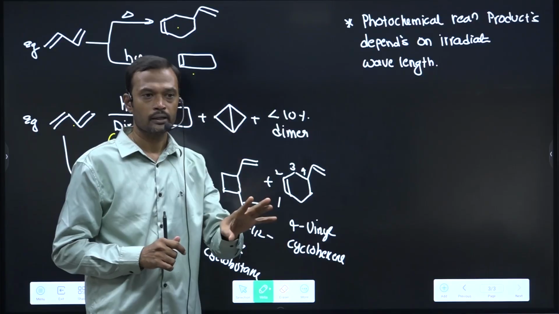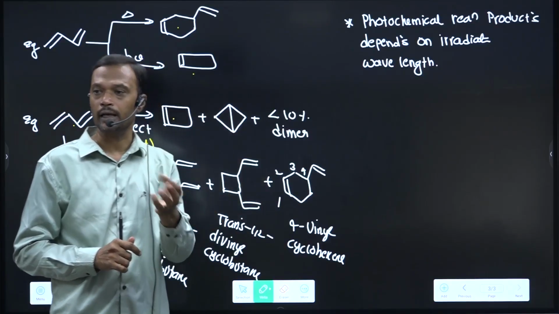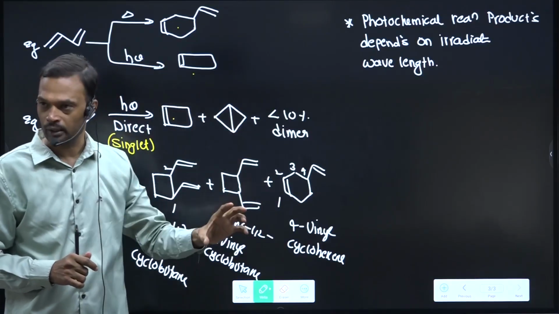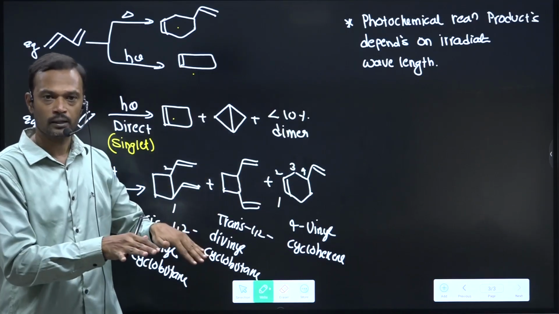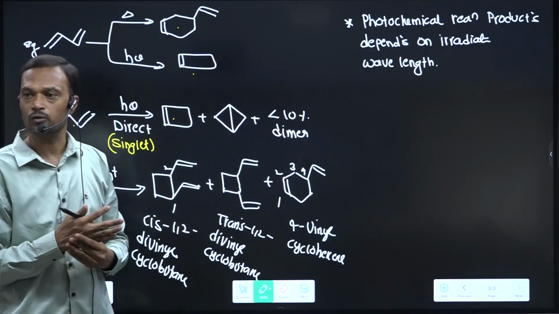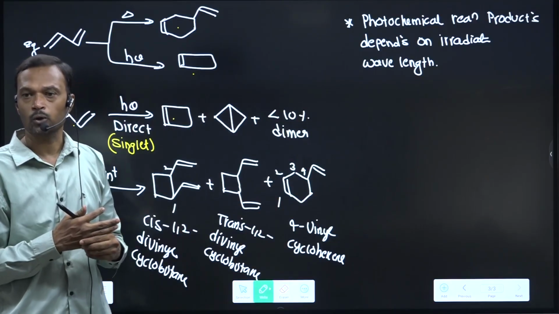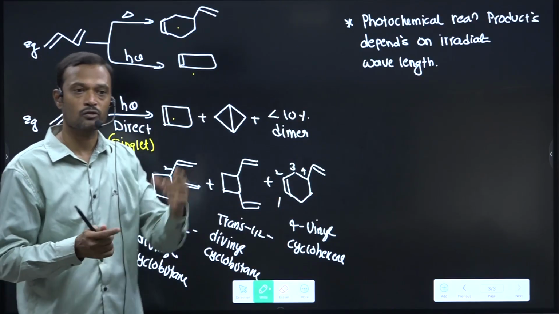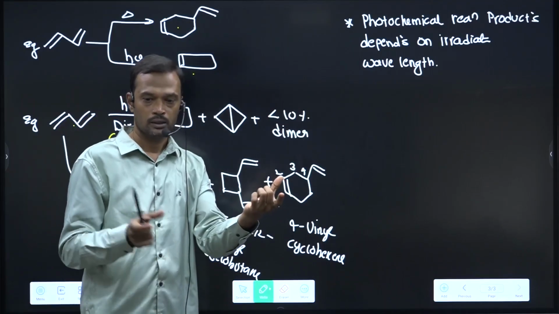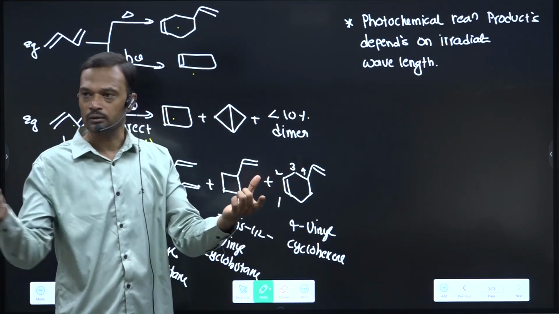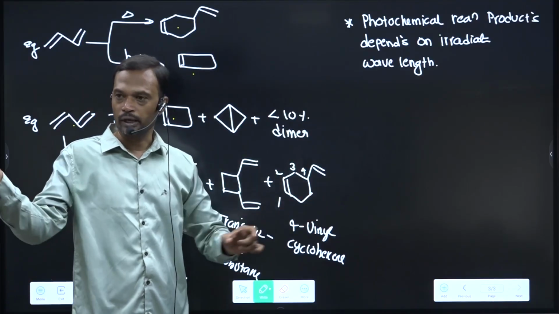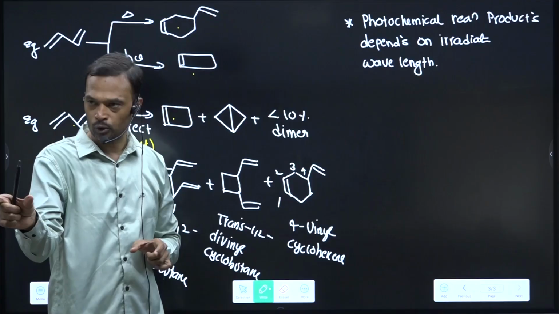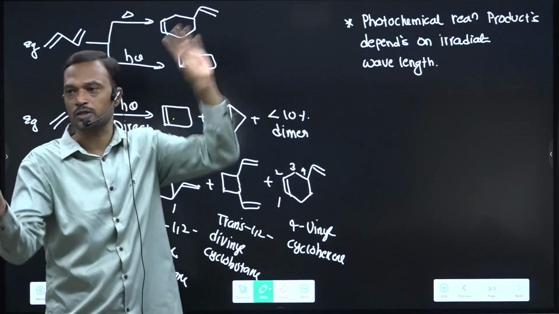Then they will ask how to select a specific lambda. Then you need to say, before irradiating, first you record the UV spectrum of that molecule. What is the use of recording the UV spectrum? You come to know the electronic transition at one particular lambda. This transition, this lambda. That transition, that lambda. If you irradiate this lambda on that molecule, this transition's product is major.